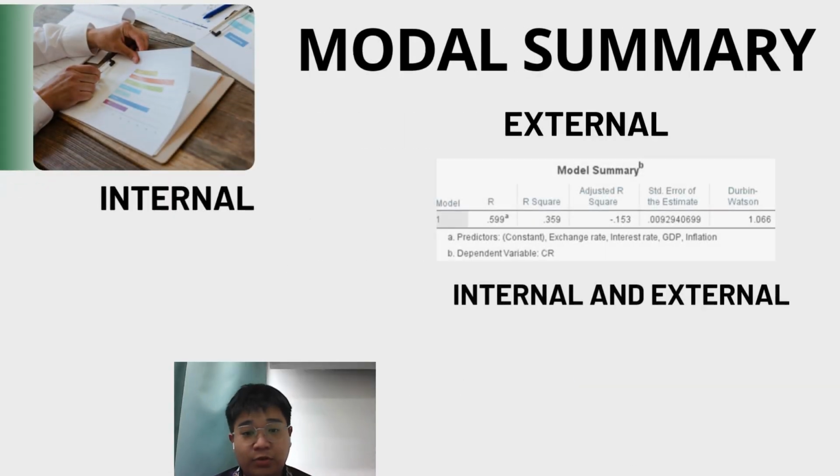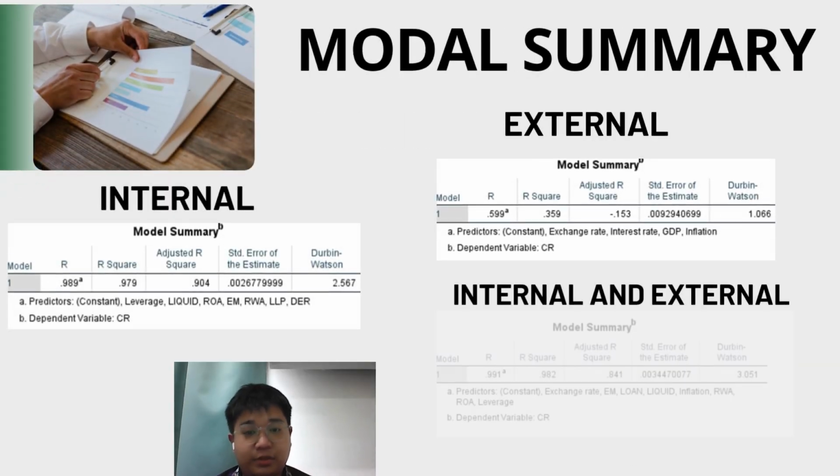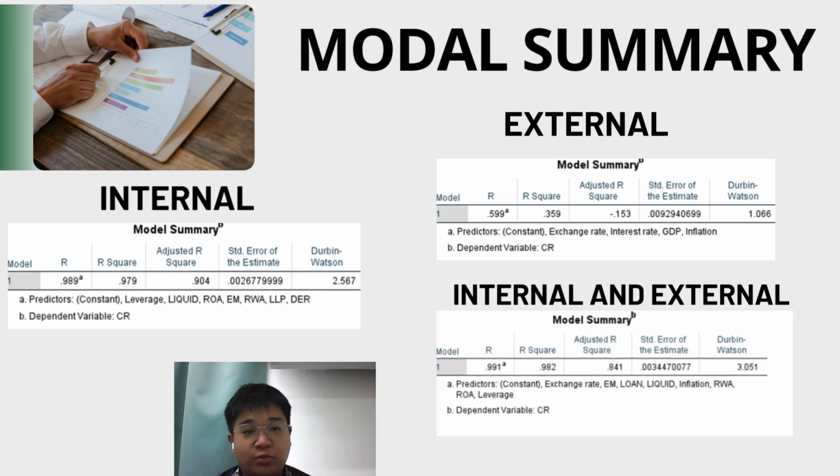In the model summary, for model summary 1, which is internal, only 7 variables contributed to Islamic bank's credit risk, with an adjusted R squared of 0.904 or 91%. In contrast, the remaining variables are not relevant to this study. For model summary 2, which is external, there are 4 variables contributing to Islamic bank's credit risk with an R squared of 0.359 or 35.9%.